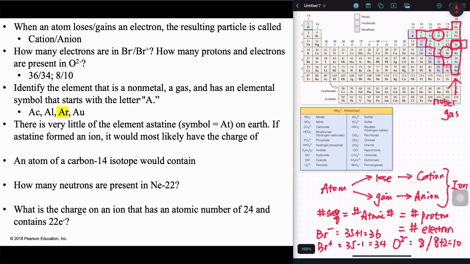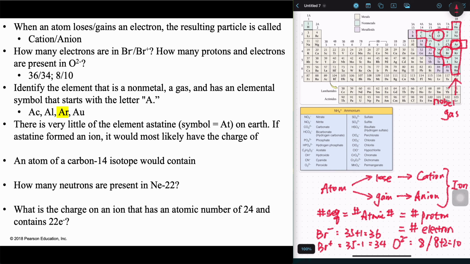Number 4. There is very little of the element astatine on Earth. If astatine forms an ion, it would most likely have the charge of... So don't be afraid when you see an element that you have never seen before.